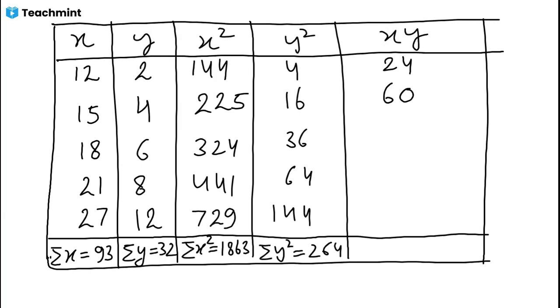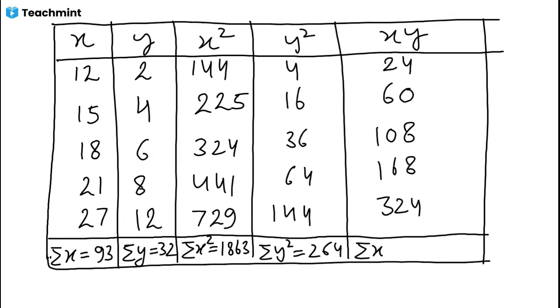The third value is 108, then 168, and 27 into 12 is 324.